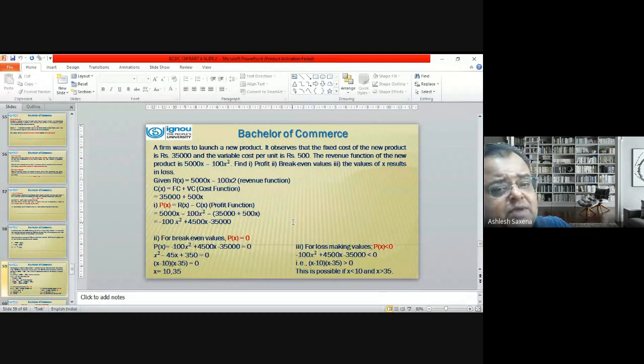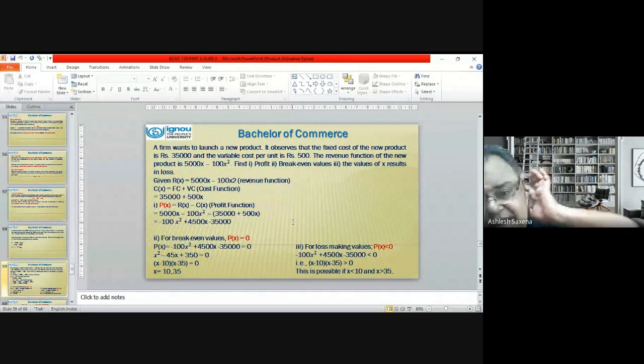In this particular problem, we have a fixed cost of 35,000 and the variable cost is 500 per unit. Suppose we are producing x units, so the variable cost will be 500x. That means the total cost function will become 35,000 plus 500x. First line has been solved.